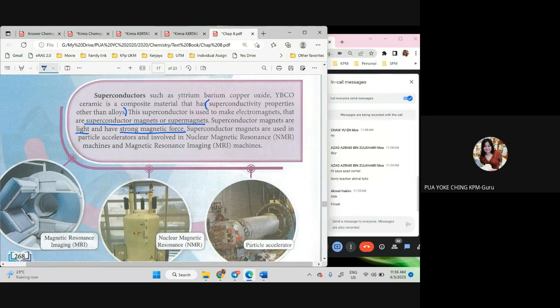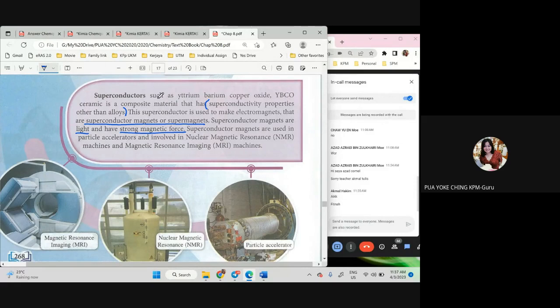So actually kalau you tanya saya apa yang kita akan buat, then we will write: they can act as superconductor magnets that is light and have strong magnetic force. Ini lebih jelas nampak dia punya ciri-ciri. Okay, done.